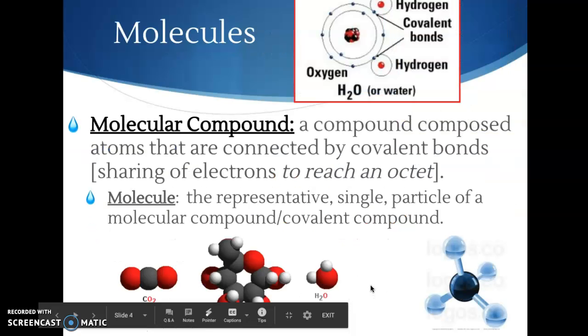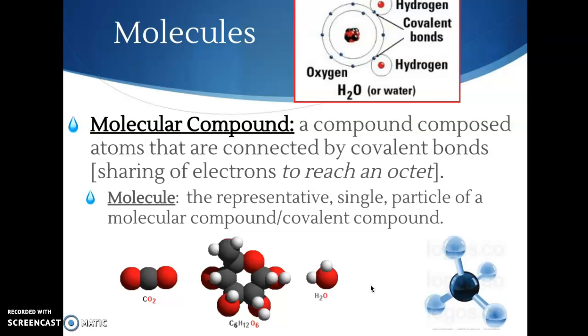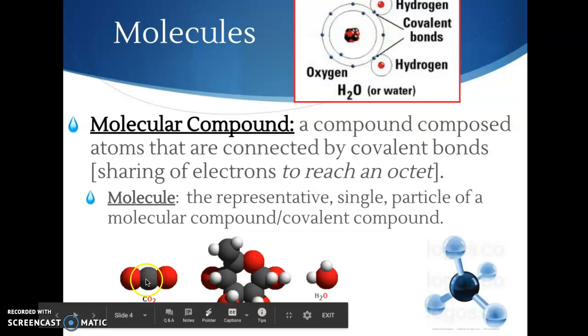Okay, the next thing is molecules. A molecular compound is a compound composed of atoms that are connected by covalent bonds. They're sharing electrons to reach the octet rule, or have 8 valence electrons. And a molecule is the representative single particle of a molecular compound or a covalent compound. This is an example of a few different molecules on the bottom of the screen.